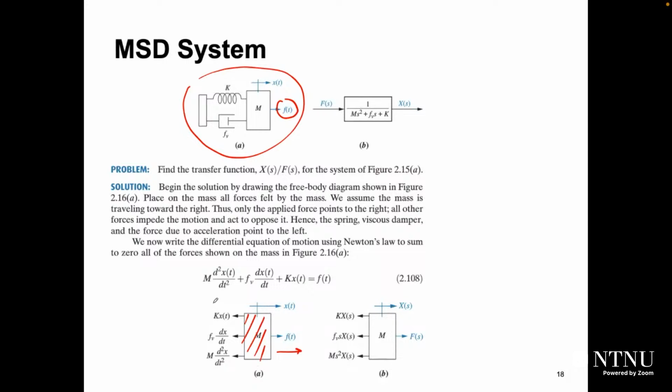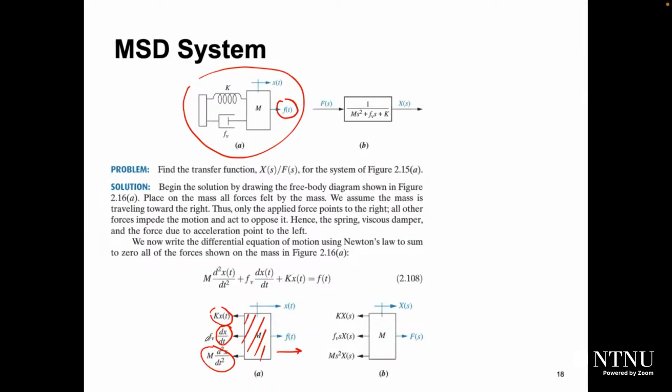This force will be K multiplied by x(t), a force proportional to the displacement. The damper will generate a force proportional to the speed, so it will be fv multiplied by dx/dt, which is the speed. And the M will generate a force which acts on the other side as well, proportional to the acceleration, so it will be M d²x/dt².